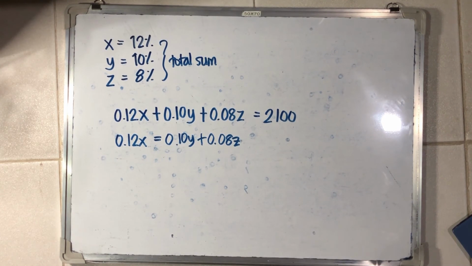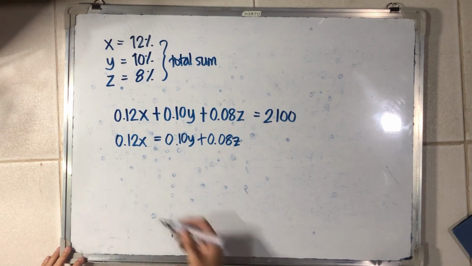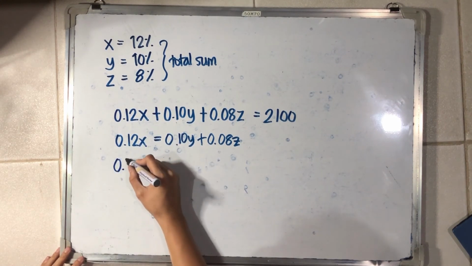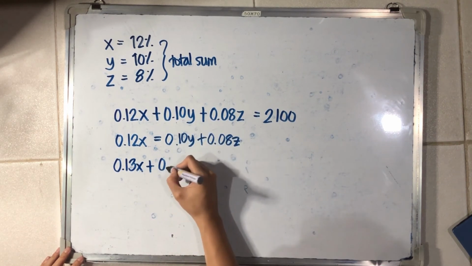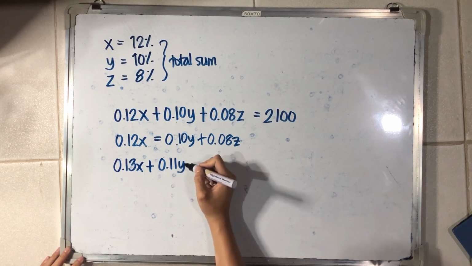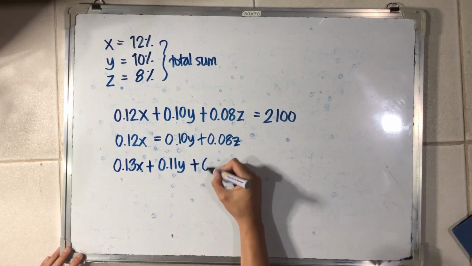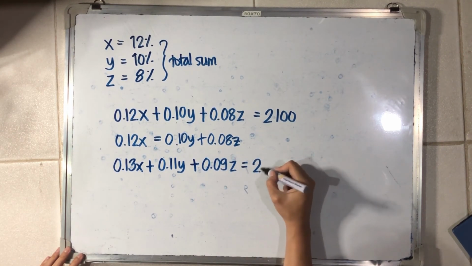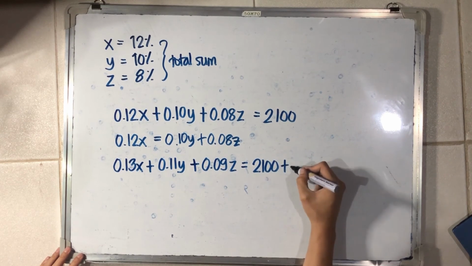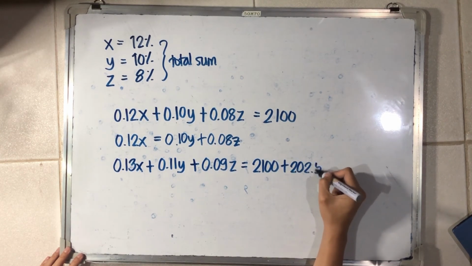And, if you are to add 1% more on each investment, the annual income would be increased by 202.5. So meaning, yung 0.12, dadagdagan mo doon ng 1%, that would be 0.13 na siya. Yung 0.10, dadagdagan mo din doon ng 1%, that would be 0.11 na siya. Plus 0.08, dadagdagan mo ng 1%, 0.09 siya. Ang total income mo daw, mag-i-increase daw ng 202.50.